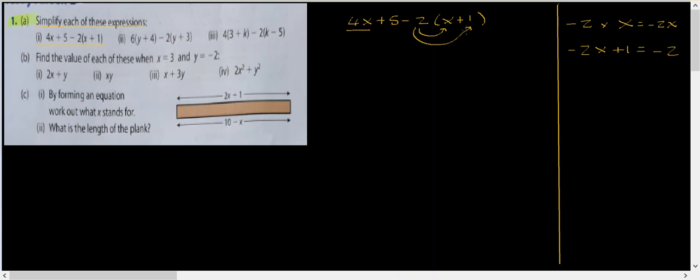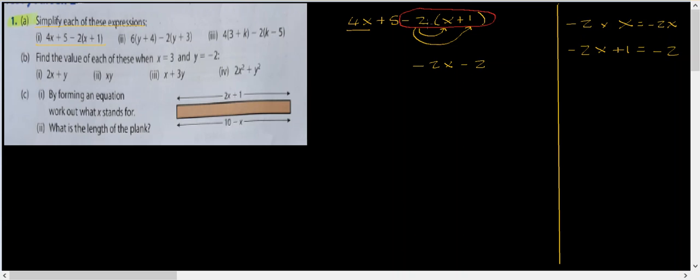Okay, so when we get rid of the bracket, it's going to become minus 2x minus 2. What we've done there is we've simplified this part by removing the bracket.